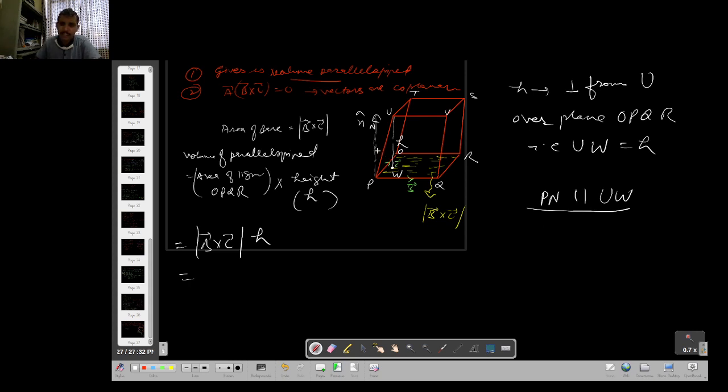Also let us say that UP is making an angle theta with this, and let us call this vector A vector, so that means PU vector is A vector.